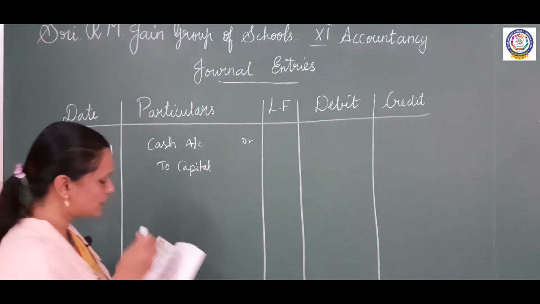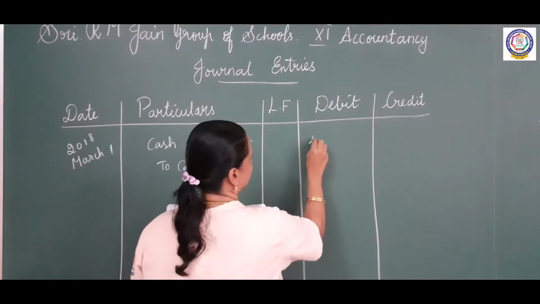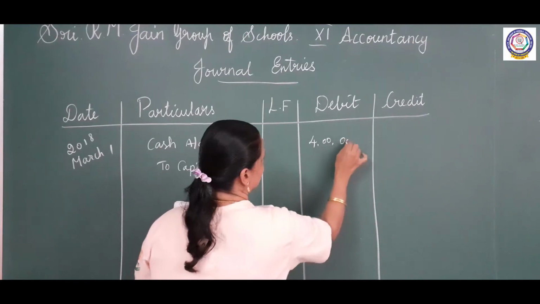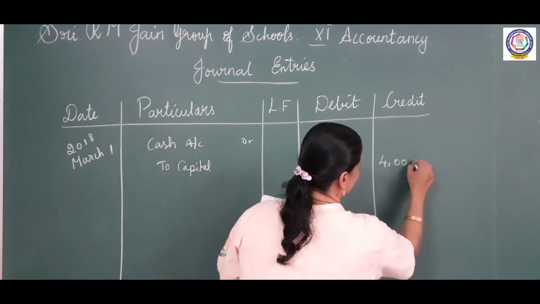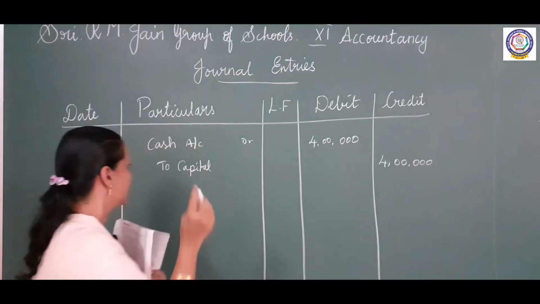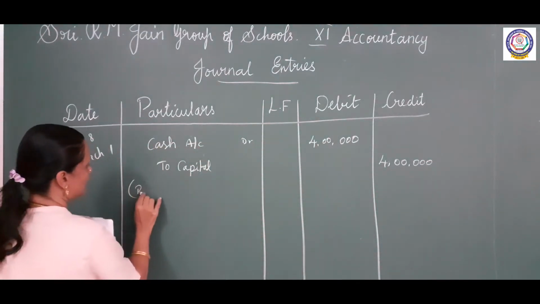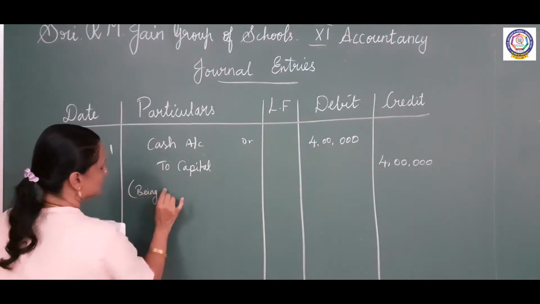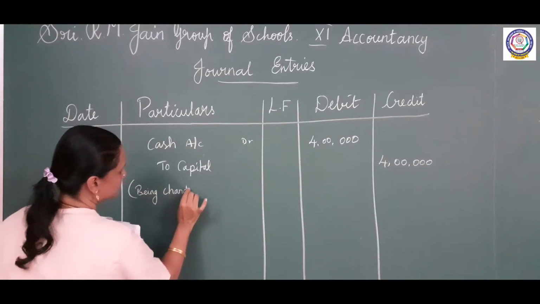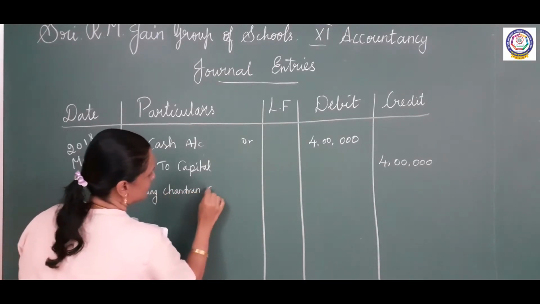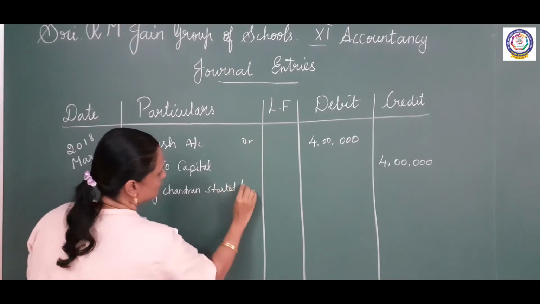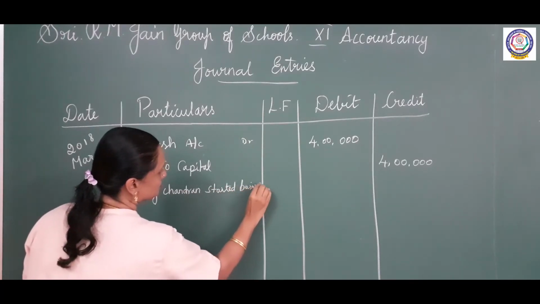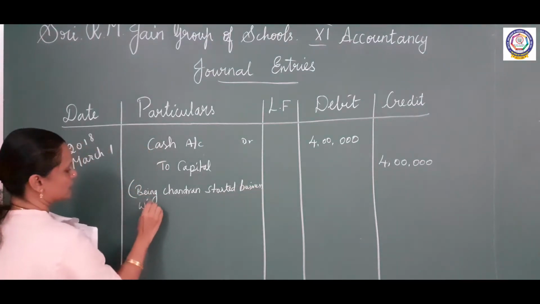How much? 4 lakhs. Being Chandran started business with cash.